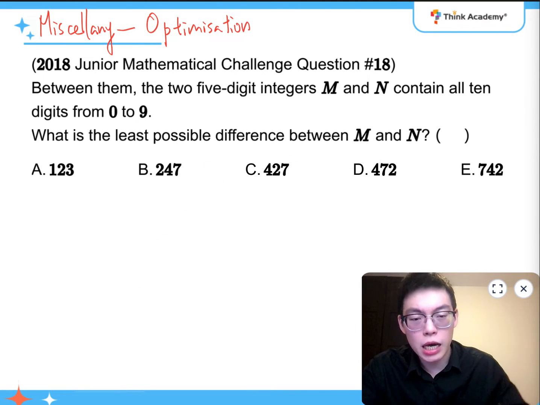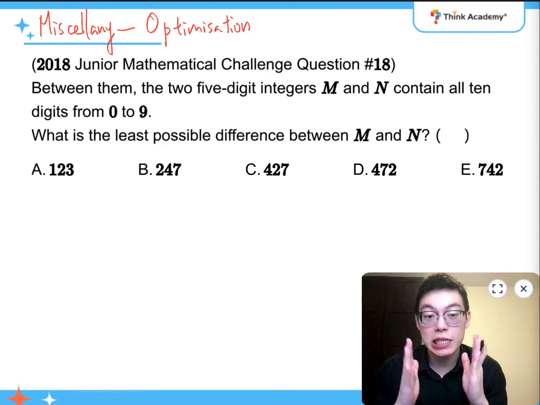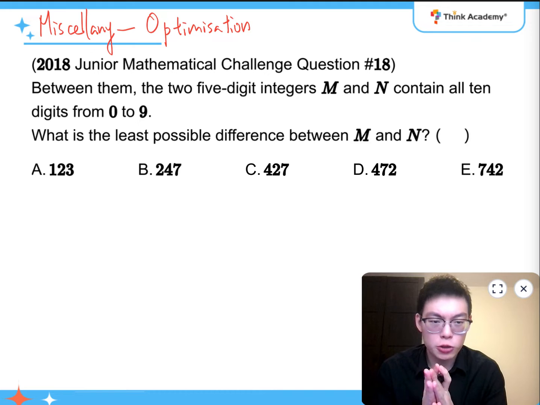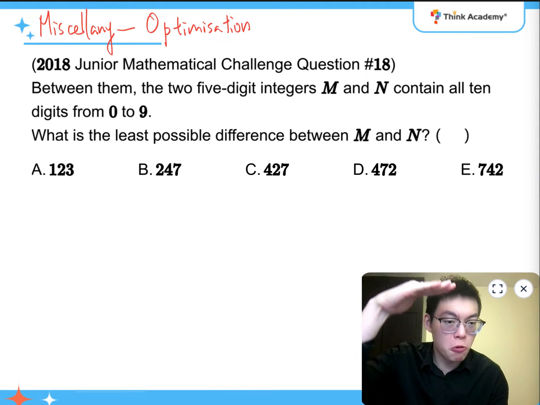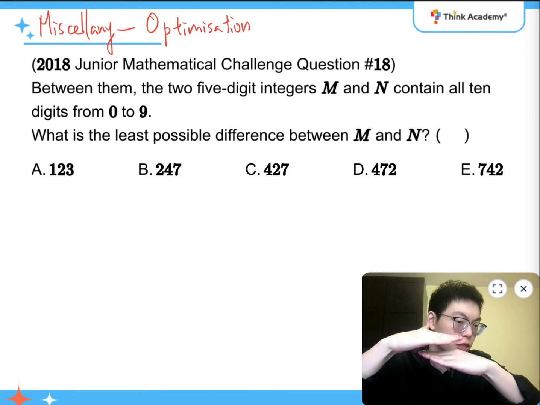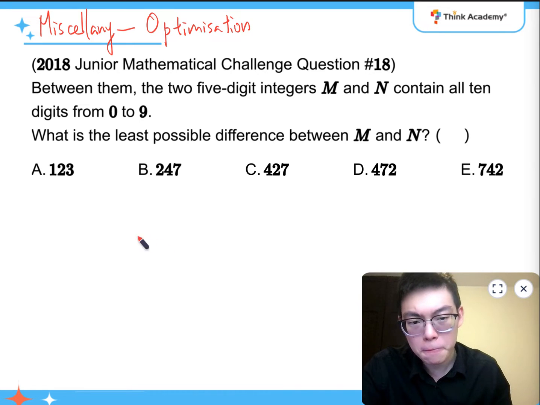Basically, I want the least distance between them, or like the smallest gap between them, right? Which means that I want the larger number to be as small as possible and the smaller number to be as large as possible, such that it gets closer to each other, right?